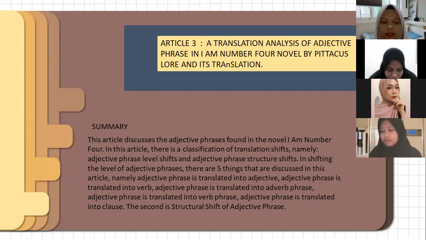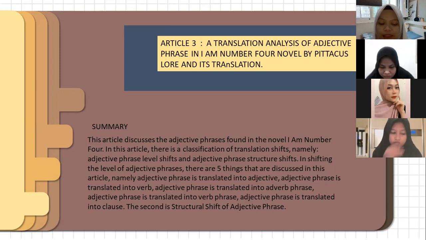In shifting the level of adjective phrases, there are 5 things that are discussed in this article, namely adjective phrase is translated into adjective phrase, adjective phrase is translated into verb, adjective phrase is translated into adverb phrase, adjective phrase is translated into verb phrase, and adjective phrase is translated into clause. The second is structural shift of adjective phrases. Thank you, moderator.